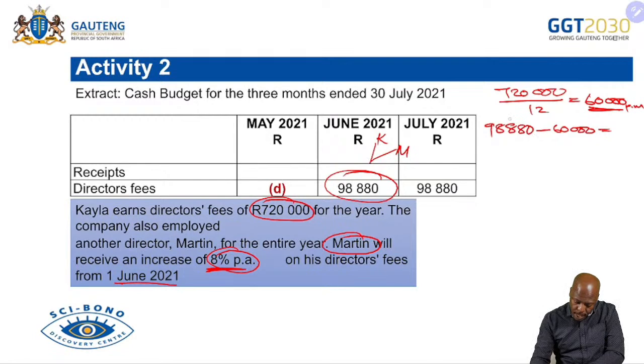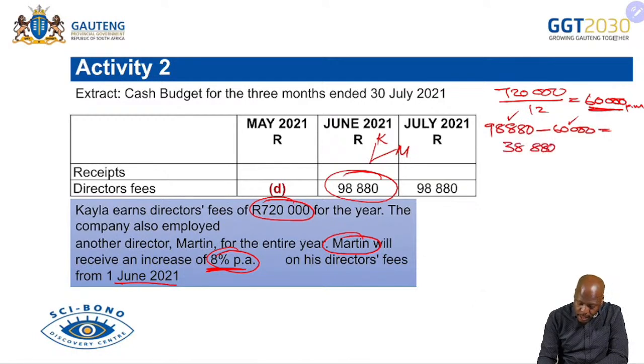It's going to give me an amount which is 38,880. This is what the new director, Martin, is getting in June. But they're telling us that 38,880 has already been increased by 8%.